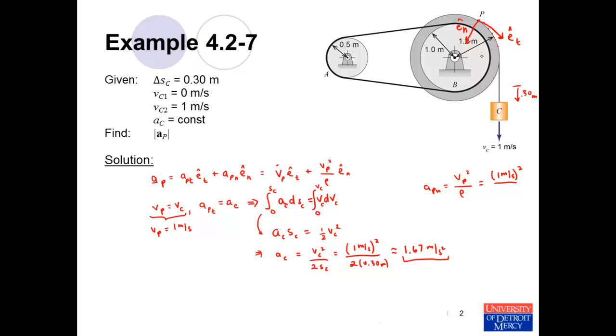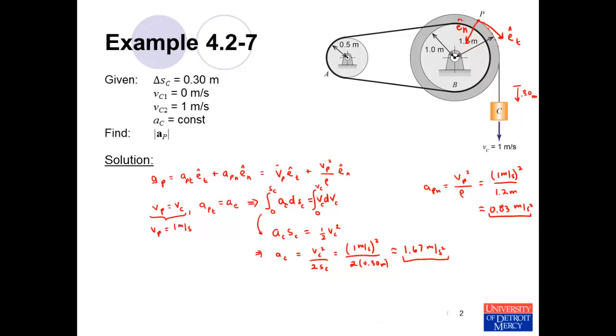And so the radius from the center of the drum to its outer edge is 1.2 meters. It's a little obscured, but you can see it there. So 1 squared divided by 1.2 is approximately 0.83 if we round. Again, we have meters squared over second squared divided by meters. This meters cancels one of the meters in the numerator. We're left with meters per second squared.